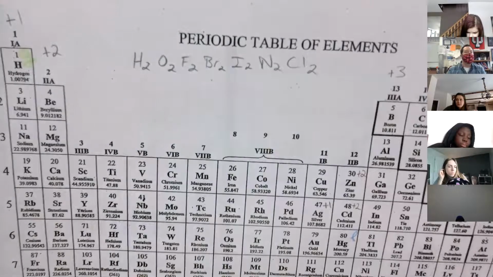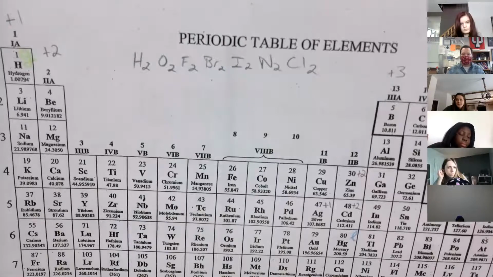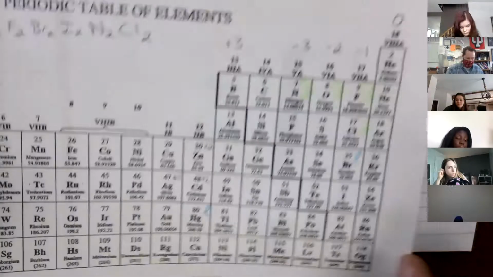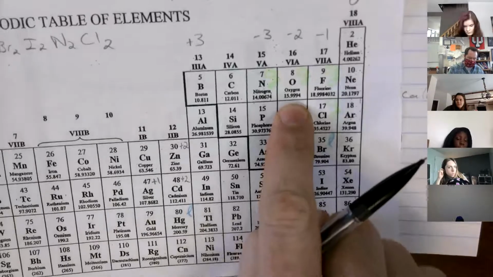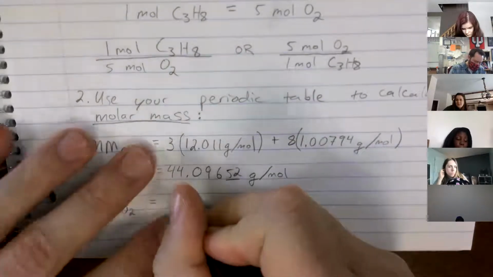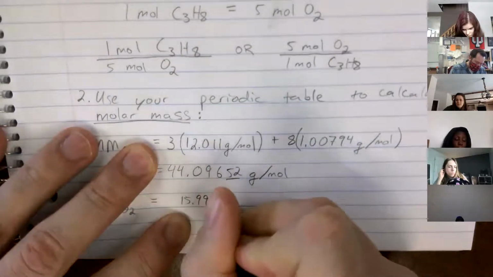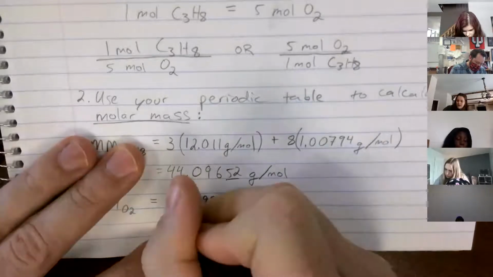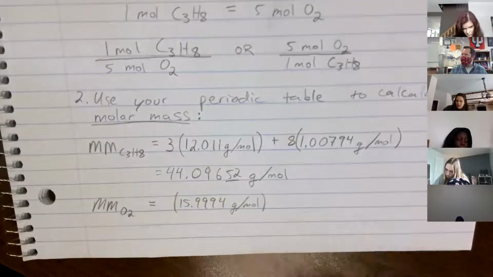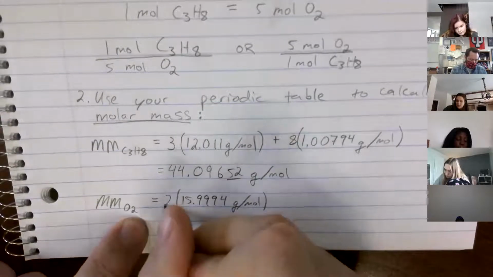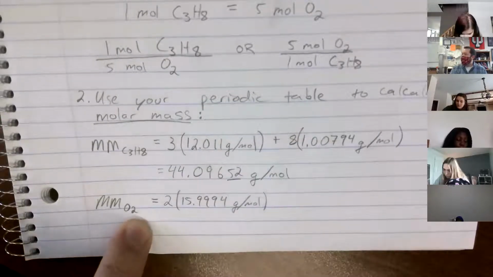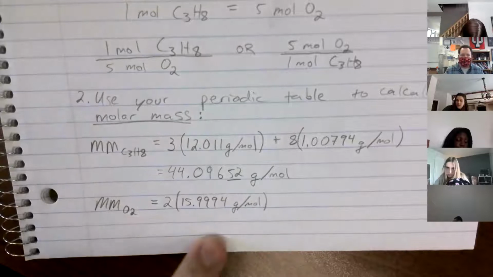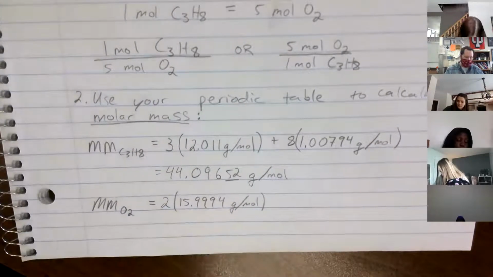They're even more important this chapter. Just take a look. When we say oxygen, we can't just say one oxygen, 15.994. We can't just say one because there's two of them there. So when we're talking about oxygen, we actually have to multiply that number by 2.